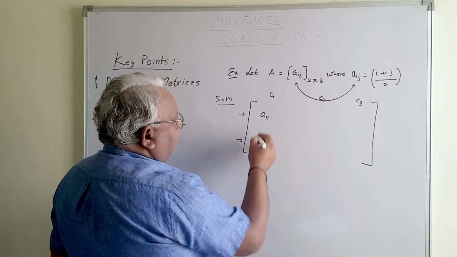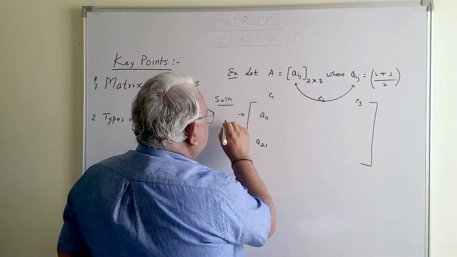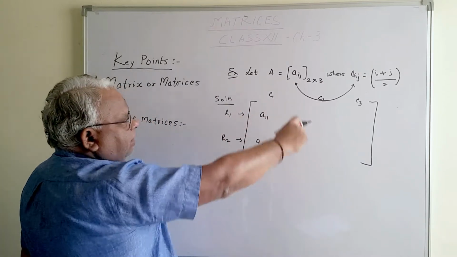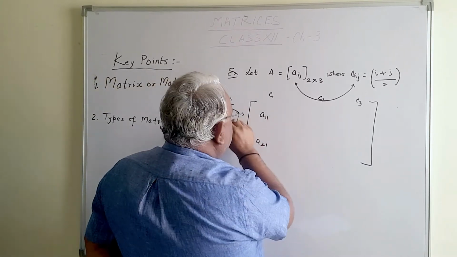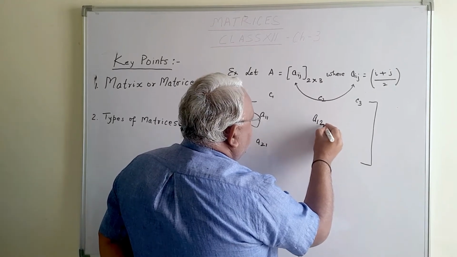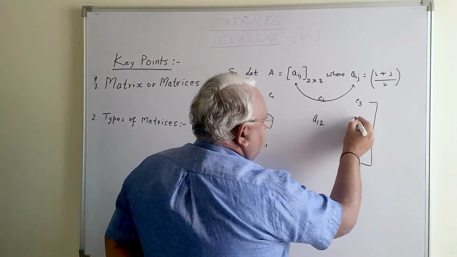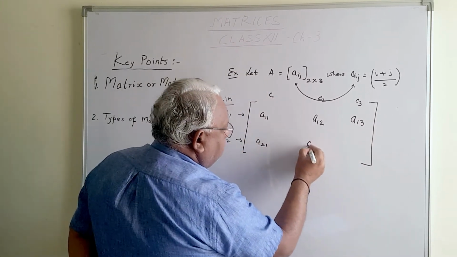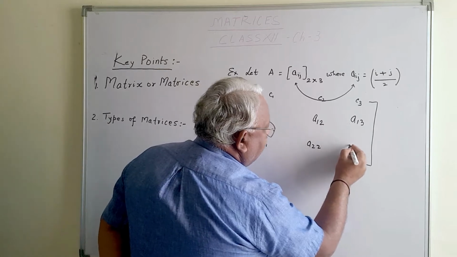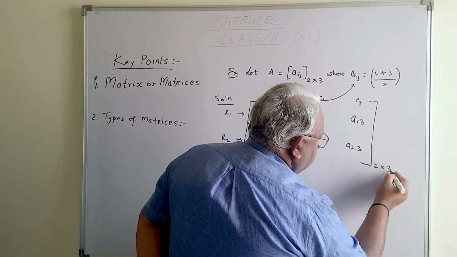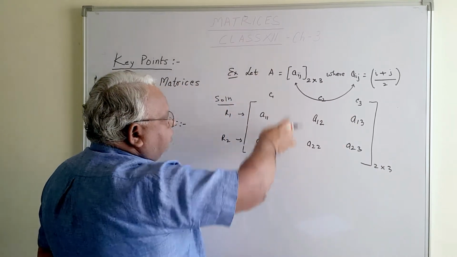This is R1 and this is R2. As I explained, what will be the position of this? It is first row, second element, so it will be A12 and it is A13. And similarly, this is A22 and this is A23. So that makes 2 rows and 3 columns.